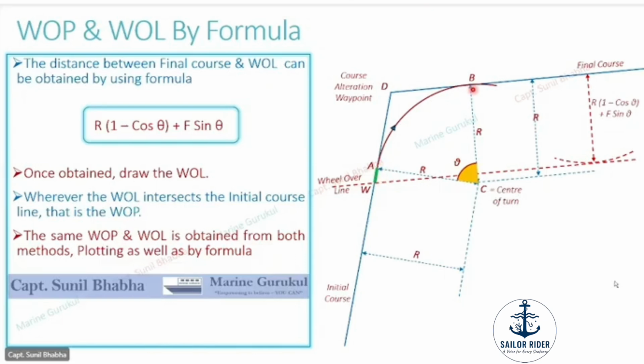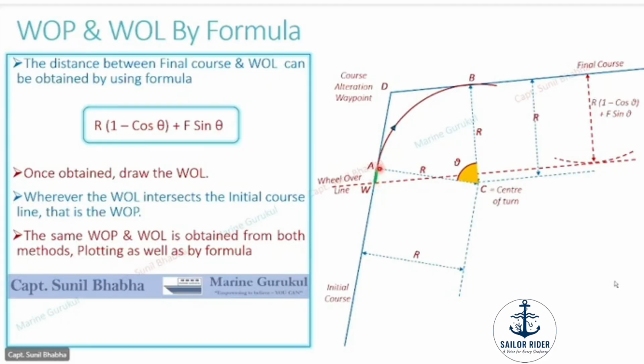So whether you find the wheel over point or wheel over line by marking the center, plotting the curved path, and plotting the reaction distance, which is known as the plotting method, or you find the wheel over line by using this formula and plotting it directly, in both cases you will obtain the same wheel over line and the same wheel over point.